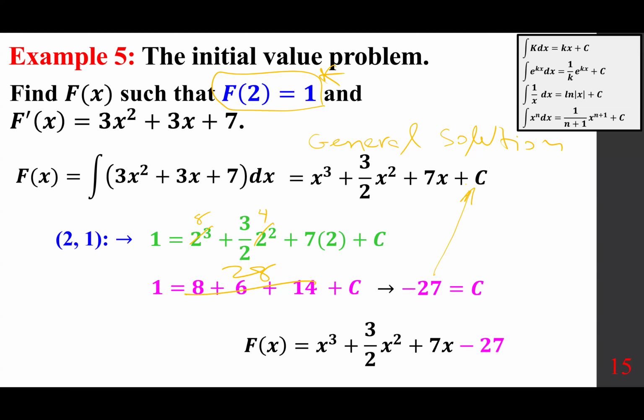Replace it here. Capital F of x is x cubed plus 3 halves x squared plus 7x minus 27. This is a particular solution. That's pretty straightforward, everybody.